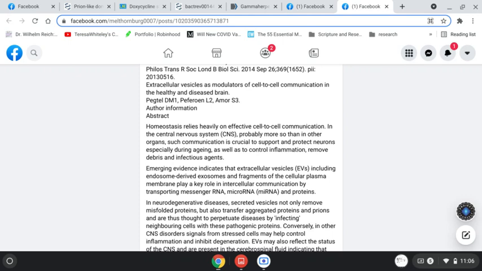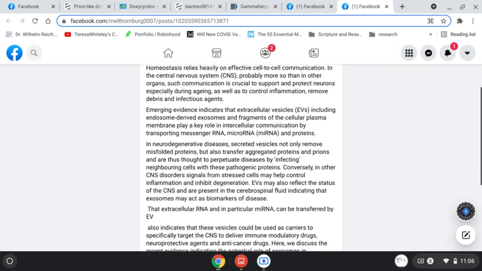Emerging evidence indicates the extracellular vesicles, including endosome-derived exosomes and fragments of the cellular plasma membrane, play a key role in intercellular communication by transporting messenger RNA, microRNA, and proteins. In neurodegenerative diseases, secreted vesicles not only remove misfolded proteins, but also transfer aggregated proteins and prions, and are thus thought to perpetuate diseases by infecting neighboring cells with these pathogenic proteins.